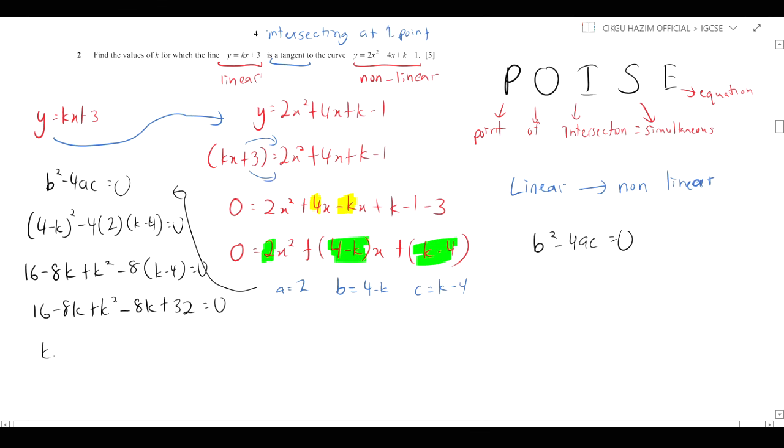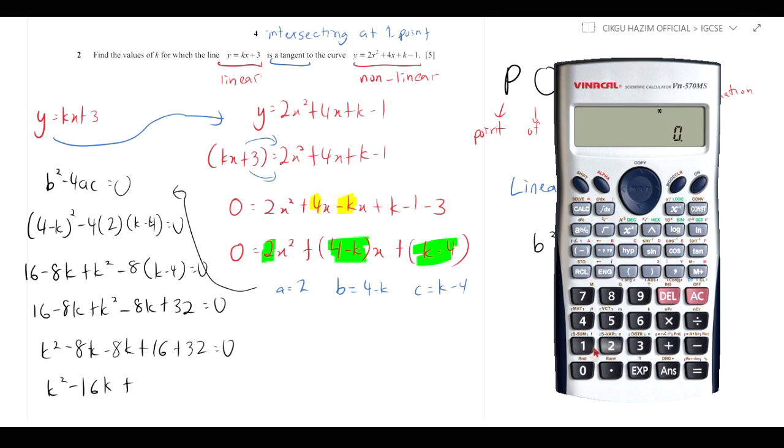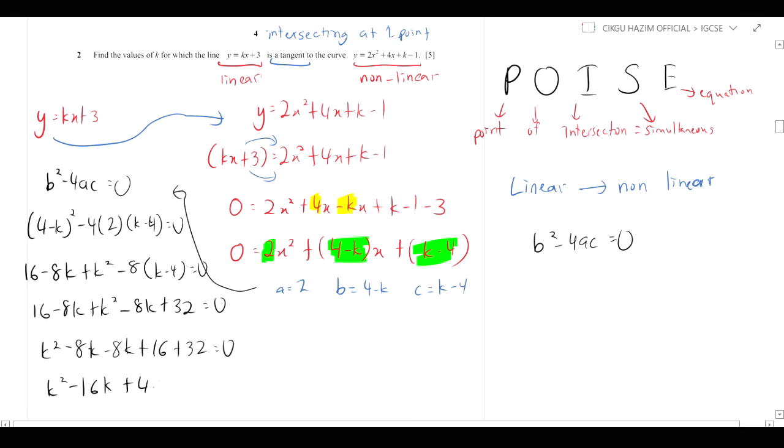Simplify everything. k squared minus 8k minus 8k plus 16 plus 32 equal to 0. k squared minus 16k plus 16 plus 32. Okay, this one press in your calculator. If you are unsure about it, just press in your calculator. It's going to be 48 equal to 0.